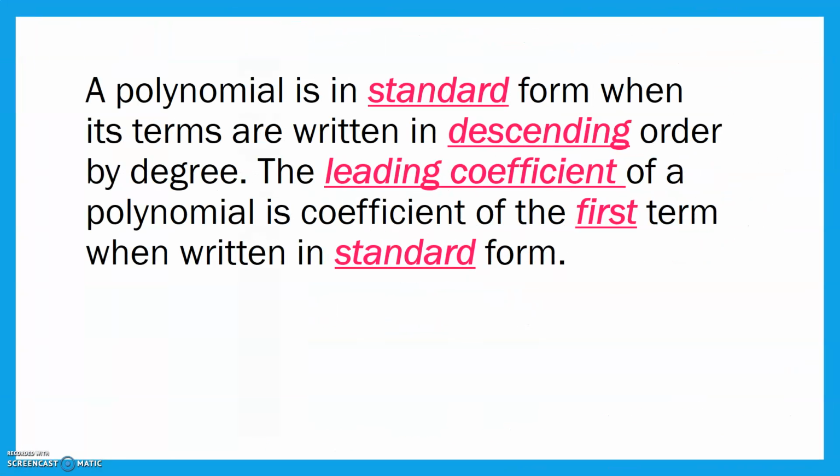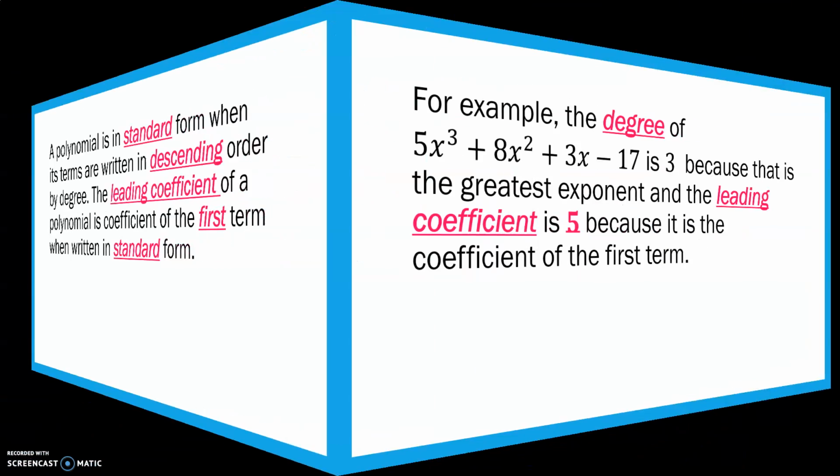A polynomial is in standard form, and that's what I was just talking about, when its terms are written in descending order by degree. The leading coefficient of a polynomial is the coefficient of the first term when written in standard form. So to find the degree and the leading coefficient, they have to be written in standard form, which is that descending order from greatest exponent down to no exponent.